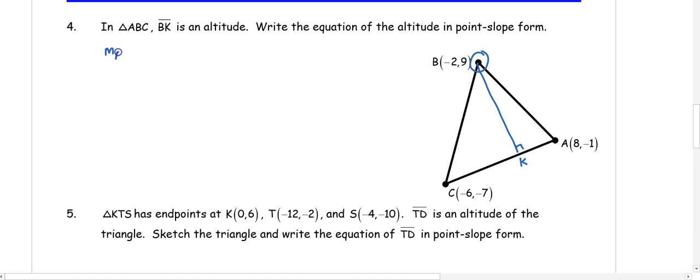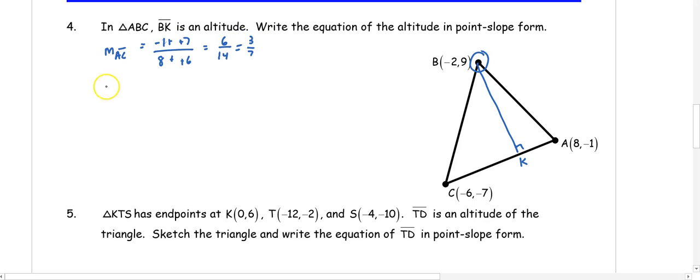So first we're going to find the slope of AC. So y2 minus y1, remember it doesn't matter which one is y2 and y1, over x2 minus x1. So in this case, we add those together when there's two negatives. So we have 6 over 14, which reduces to 3/7.